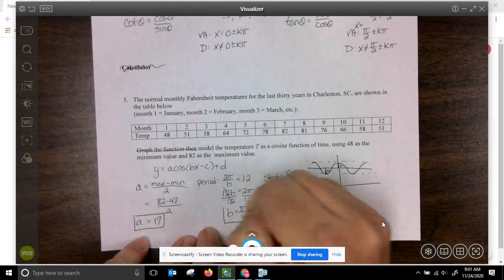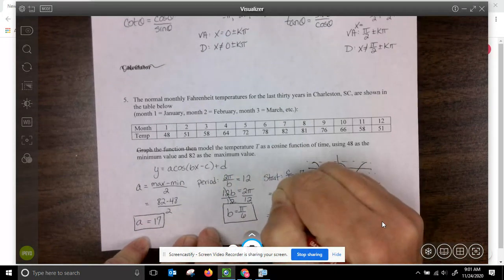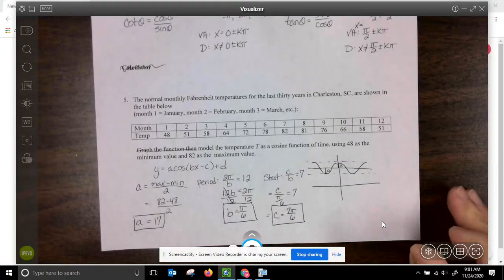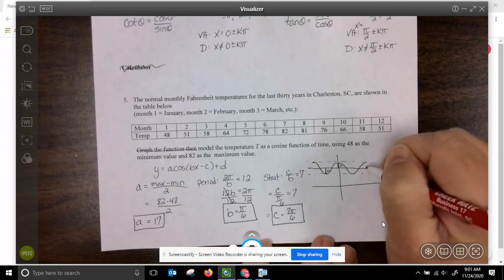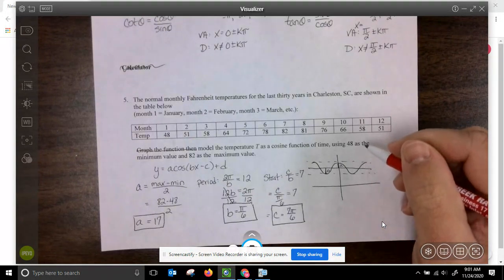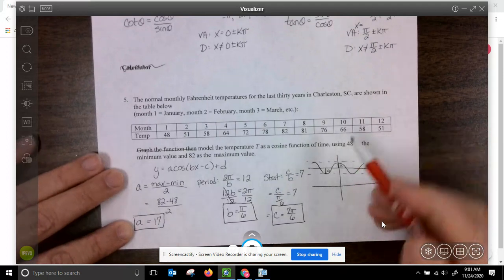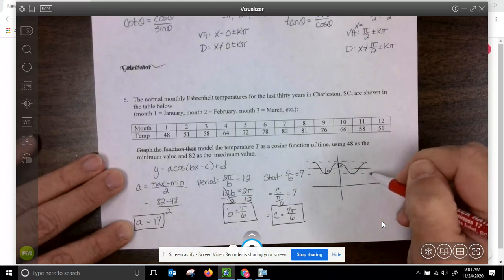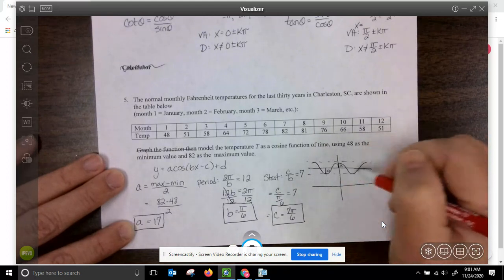All right, so now we've got A, we've got B, and we've got C. Now all we need is D. There's a few different ways that you can get D. D is just my baseline, and I already know what my A is, what my amplitude is, and we know what my maximum and minimum values are. So you could take my minimum value and add A, and that would get to my baseline.